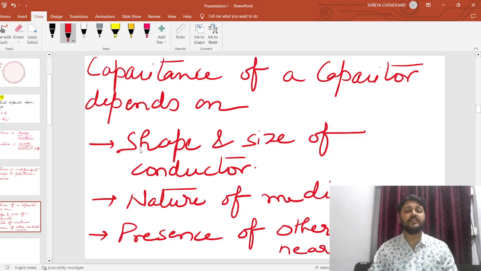So the first point is shape and size of conductor, nature of medium, and presence of other conductor nearby.